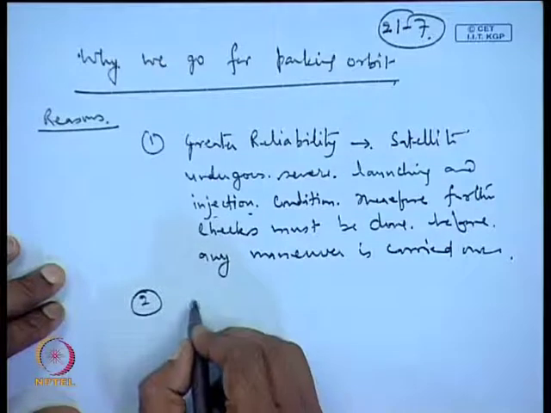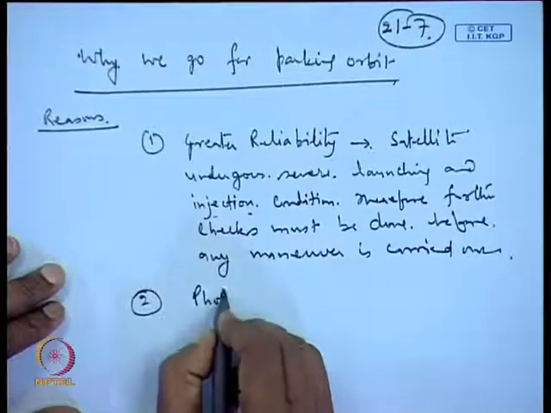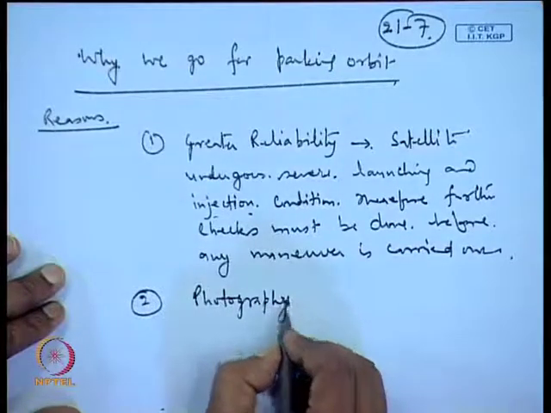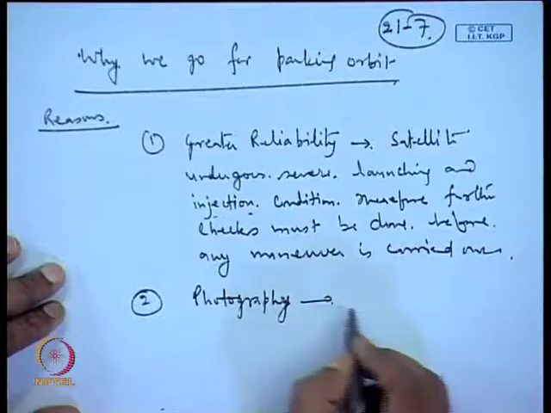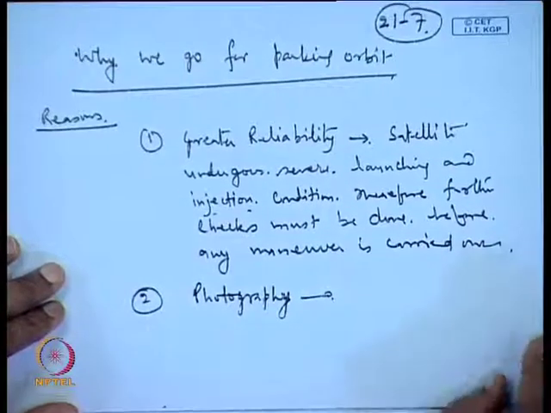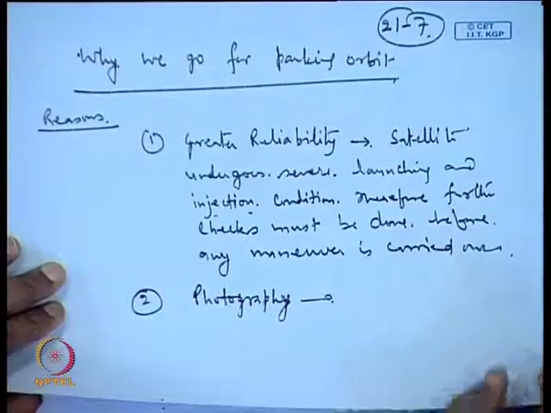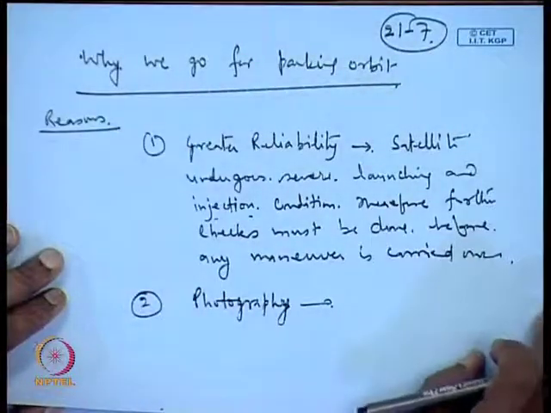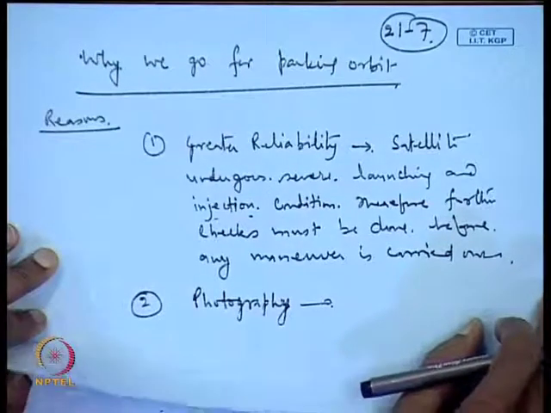Okay. Parking orbit may also be used for photography. You want to take a close photograph of things on the earth, for some military secrets. Already for the military, the spy satellites are there, which are put at a small altitude, thereby the photographs taken have higher resolution, and the movement of troops can be seen, say with satellites of 1 meter resolution.